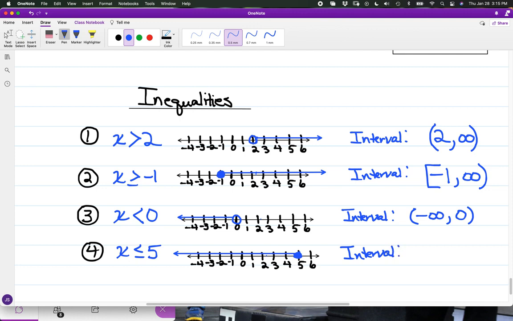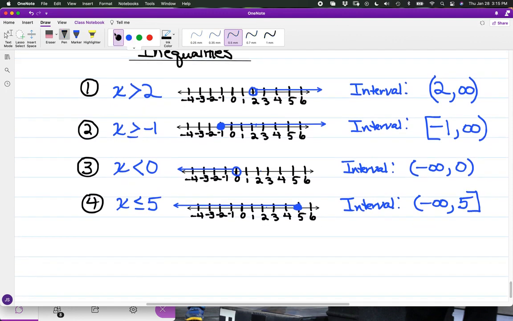For the interval notation, the leftmost extreme is negative infinity, and the maximum goes up to and including the number 5, so 5 is going to be in the brackets.